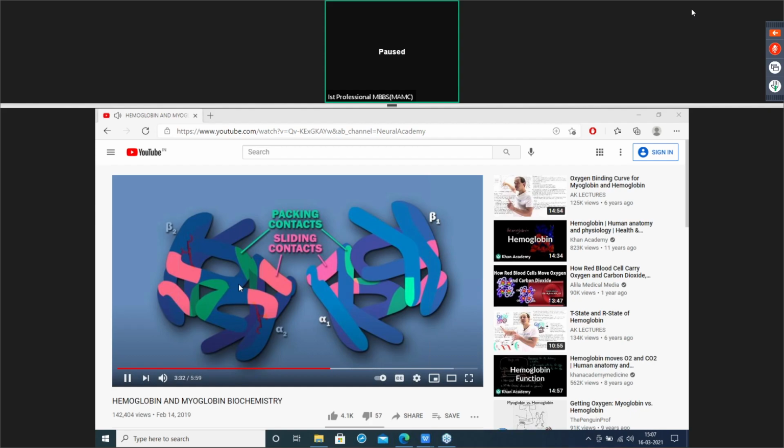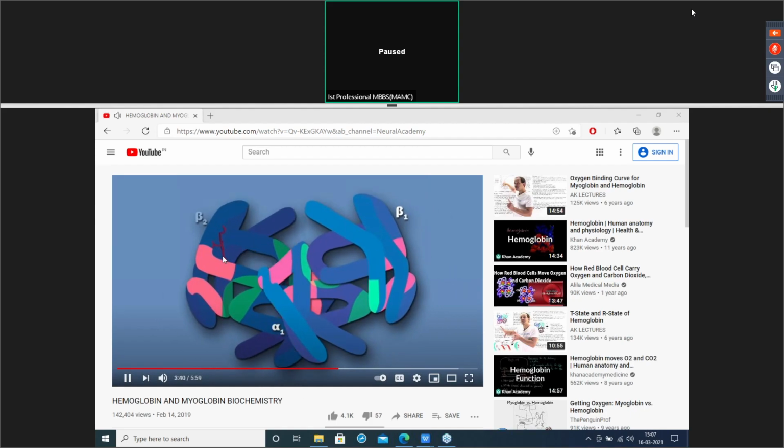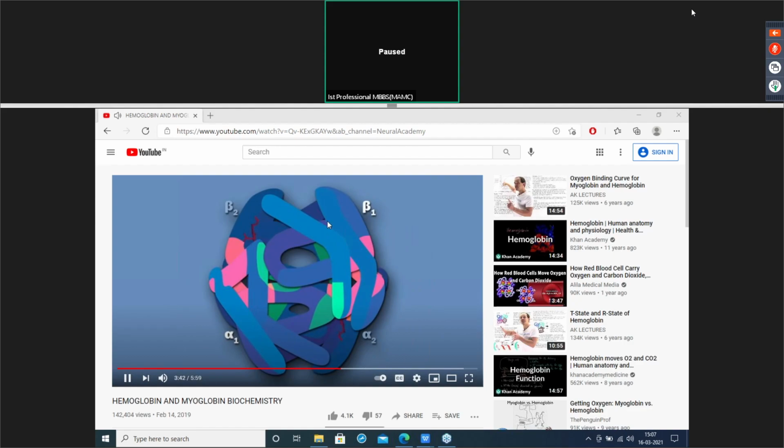One are the packing contacts, which we have made between the alpha beta and then sliding between the 2 dimers, alpha beta 1 and alpha beta 2 dimers, relative to each other when oxygen binds.